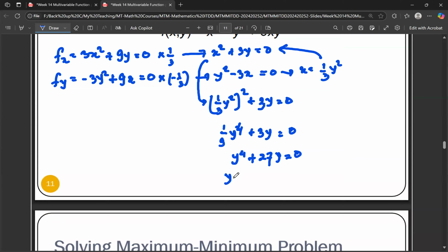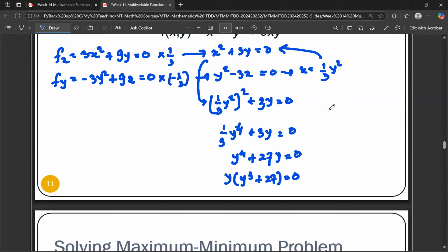We have y^3 plus 27 is equal to 0. Yeah, maybe we still need some solution of a high order polynomial. I hope you can recall how to factorize it.